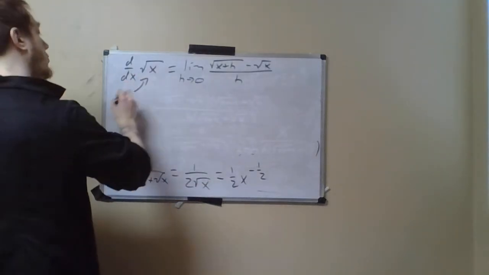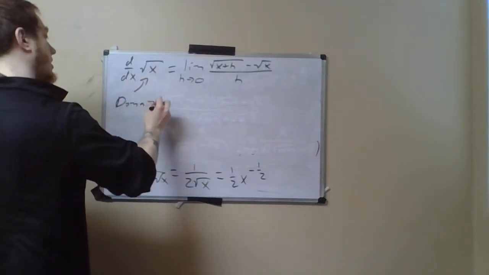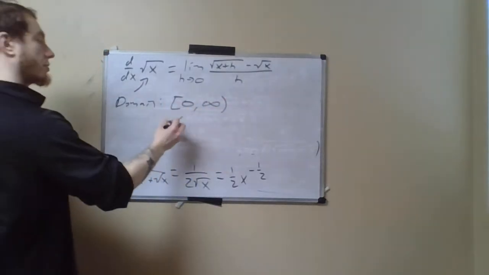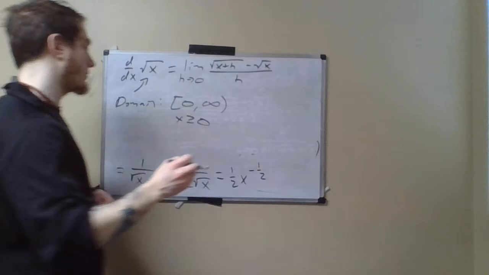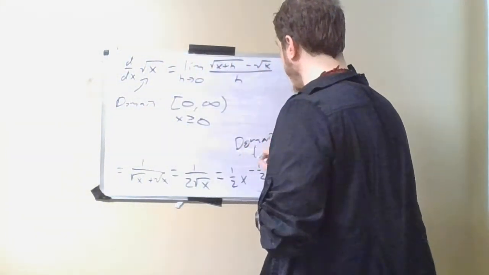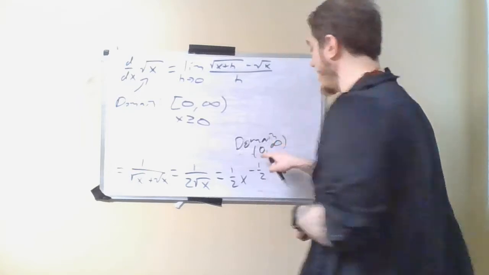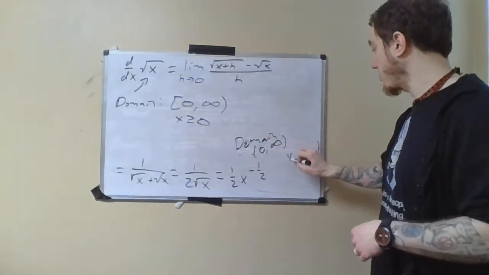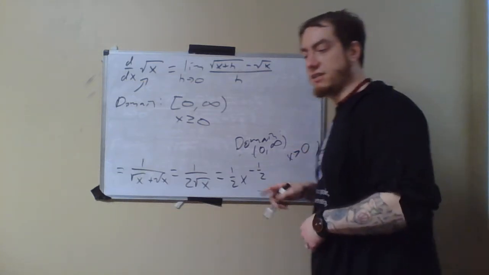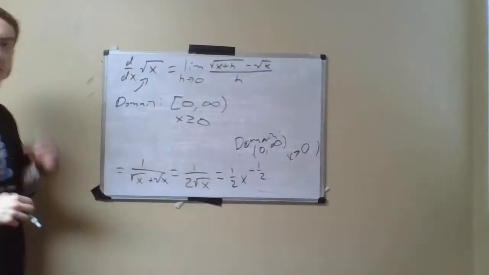The original domain is 0 to infinity, including 0. In other words, x bigger than or equal to 0. But the domain down here of the derivative is 0 up to infinity, not including 0. In other words, x strictly bigger than 0. The derivative doesn't exist at 0 in this case.